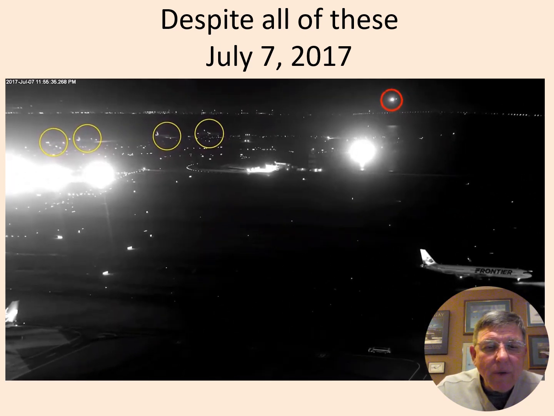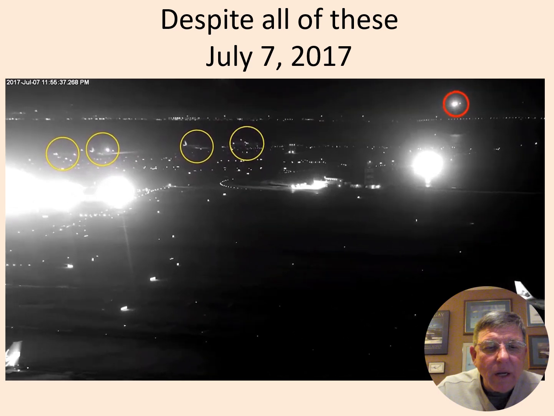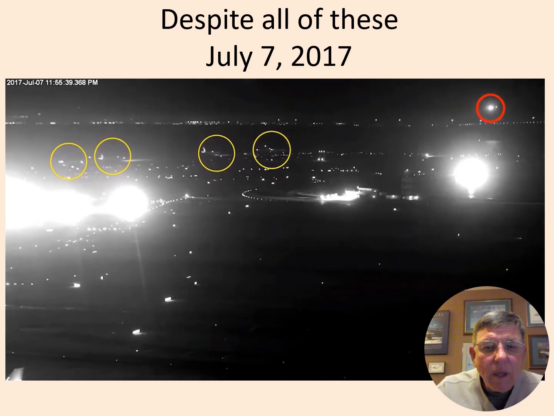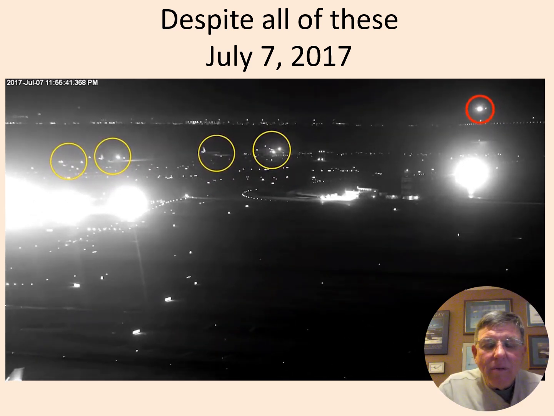So watch Air Canada and watch how the tails get lit up from the landing lights. Air Canada is lined up on the taxiway, not on the runway.